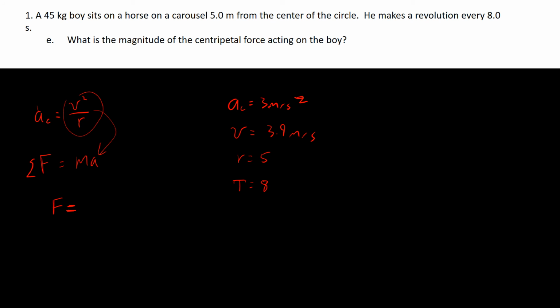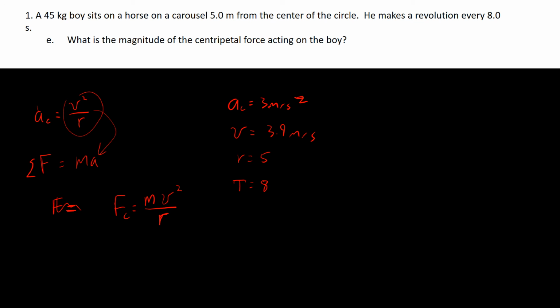So I'm going to say the sum of the forces is just that force. So the centripetal force is equal to the mass times acceleration, which, remember, is velocity squared divided by the radius, right? So there it is.